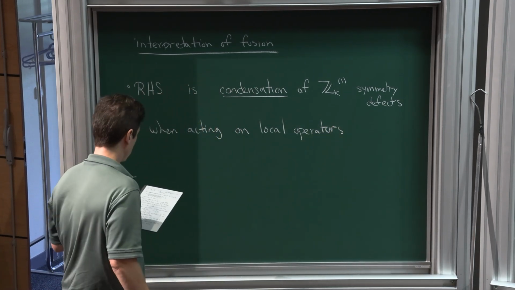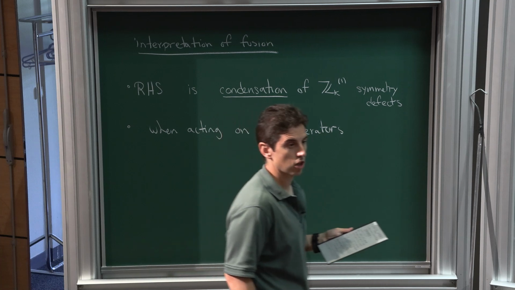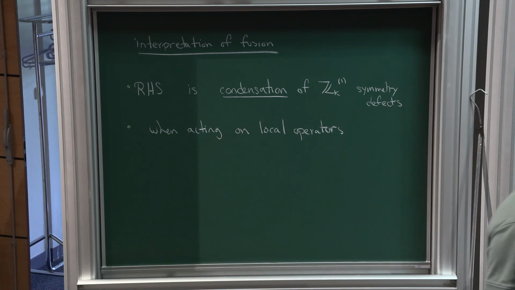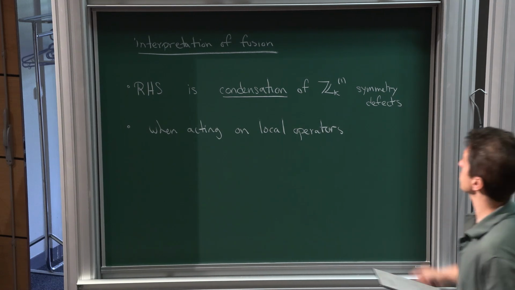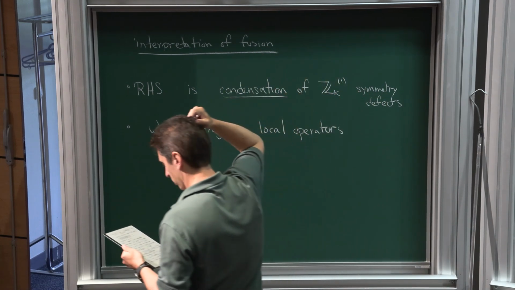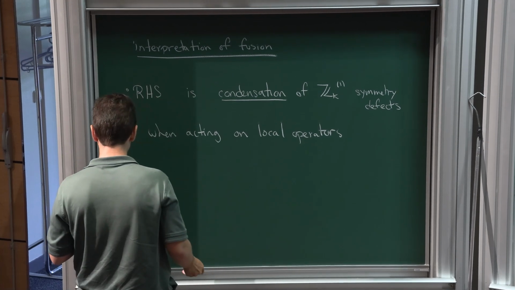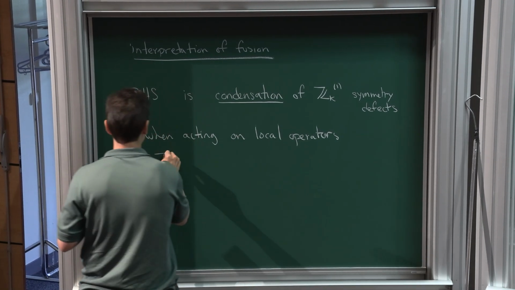Well, no local operators are charged under one-form symmetry. I began with that basic piece of information yesterday. So when acting on local operators, the right-hand side is completely trivial. Right? So Z_k one-form doesn't act.